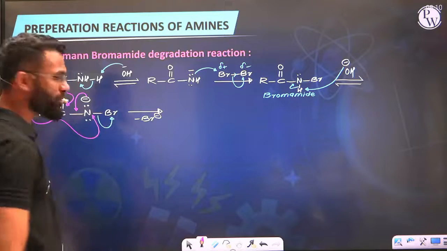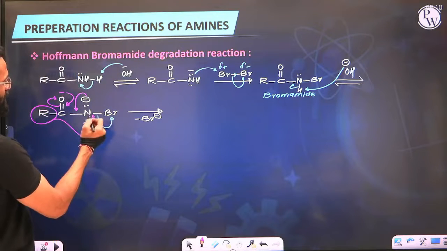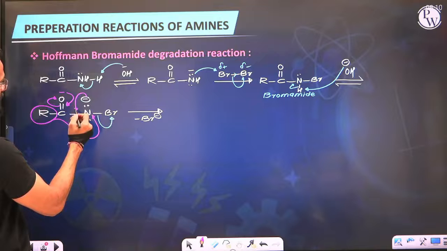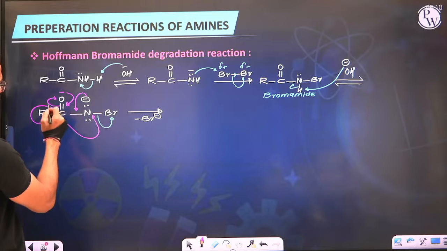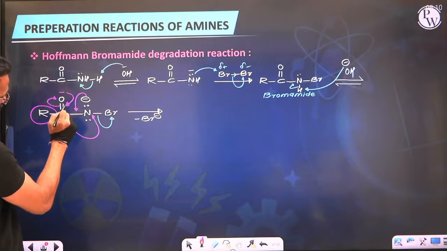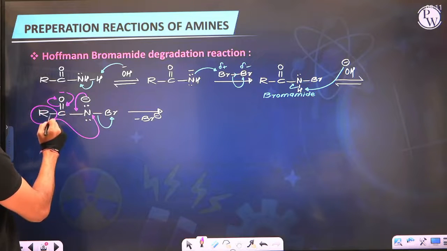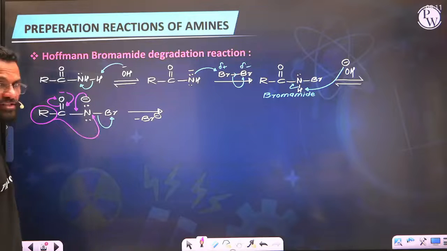Again, all these things take place simultaneously. Br left, making nitrogen deficient; the lone pair delocalized, making carbon pentavalent, so the pi bond went back on O, making it O minus; it delocalized the lone pair back to restore the pi bond, which pushed away the alkyl in the form of R minus. Being nucleophilic, it attacked the deficient nitrogen atom.